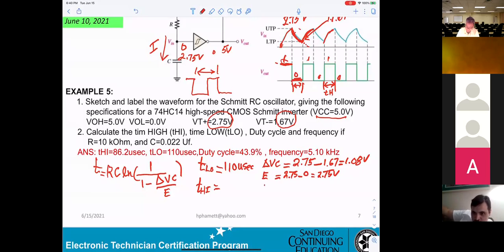It's the same, so it's 2.75 minus 1.67. Exactly the same. That means they start from 1.67 and go up to 2.75. So delta VC is still 1.08.